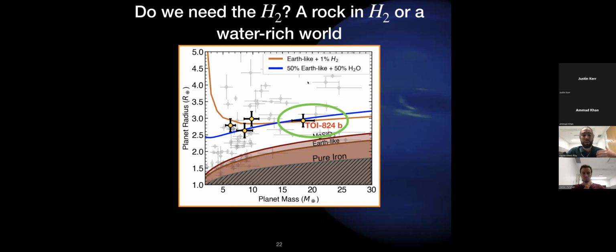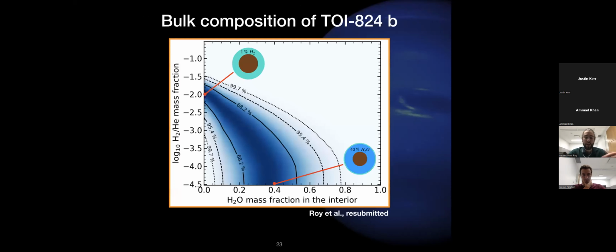And basically, we wanted to push this reflection further. So we created a grid of interior models of the planet, on which we added non-gray atmosphere models, and then we could compare our models to the observed physical properties of the planet to find this posterior distribution, which relates the hydrogen and helium mass fraction of the planet with the water mass fraction in the interior of the planet.